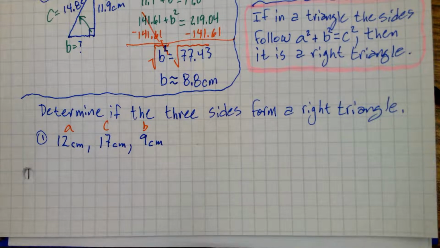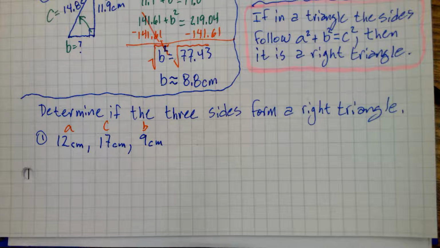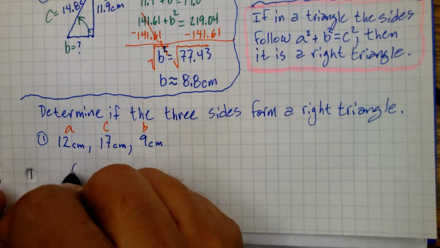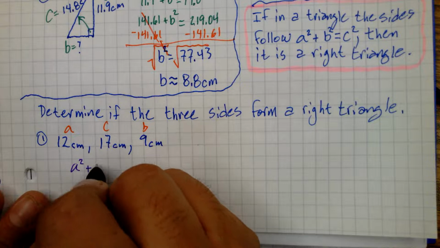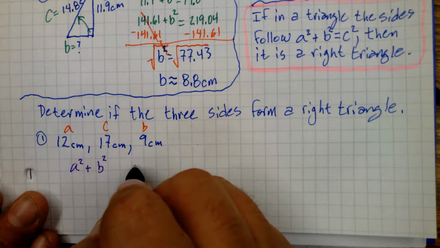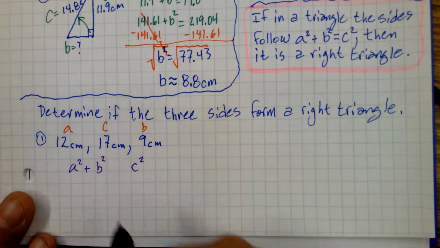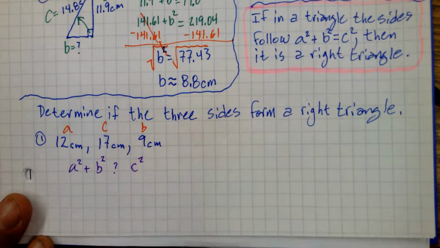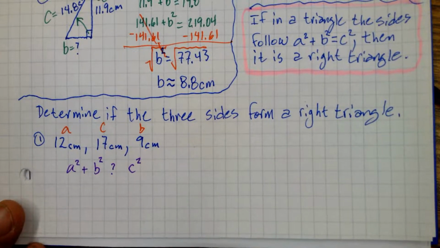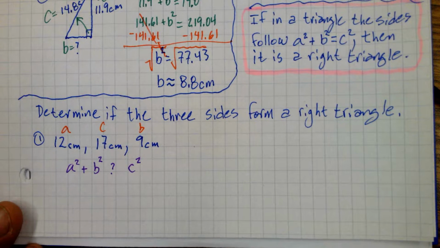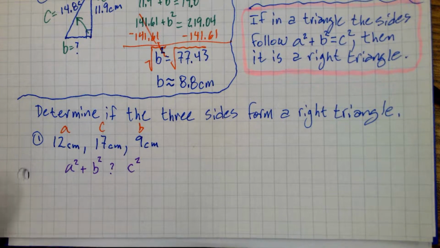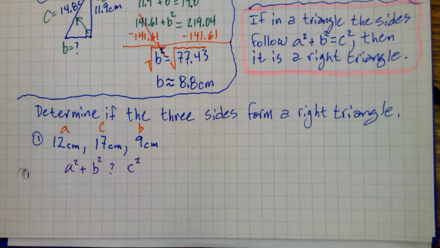And what we're going to do is try out A squared plus B squared and compare it to C squared. This part we don't know what goes in here. If it's an equal sign that goes in between, it's a right triangle. If it's something else, it's not a right triangle.